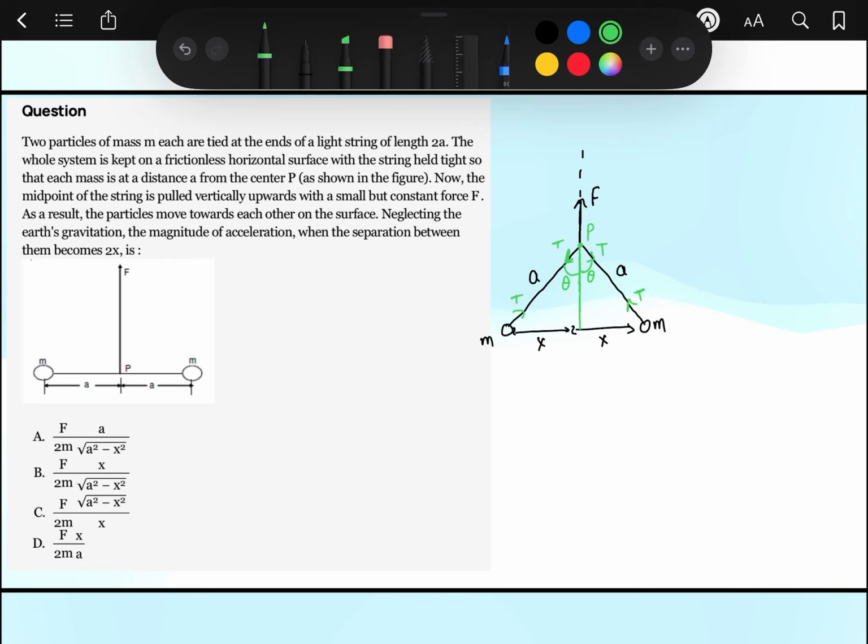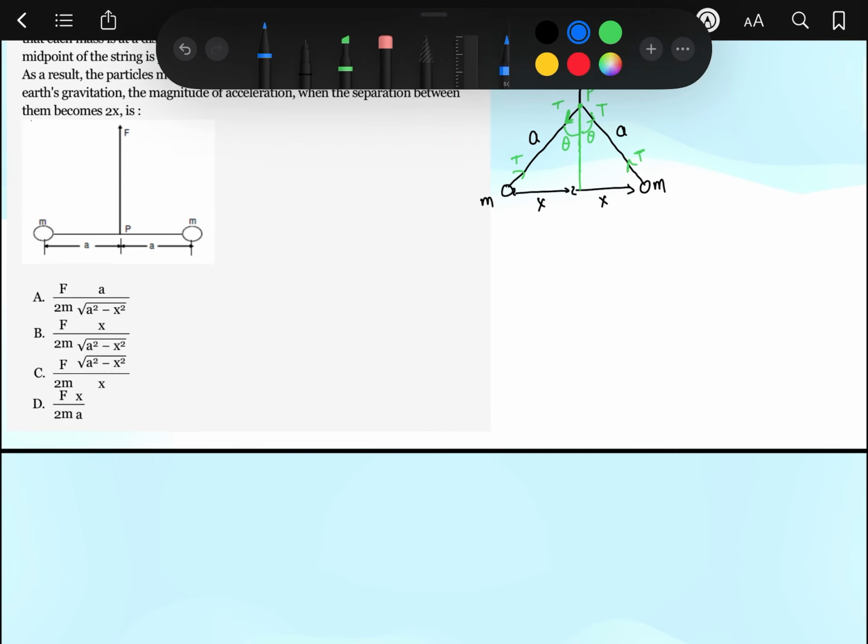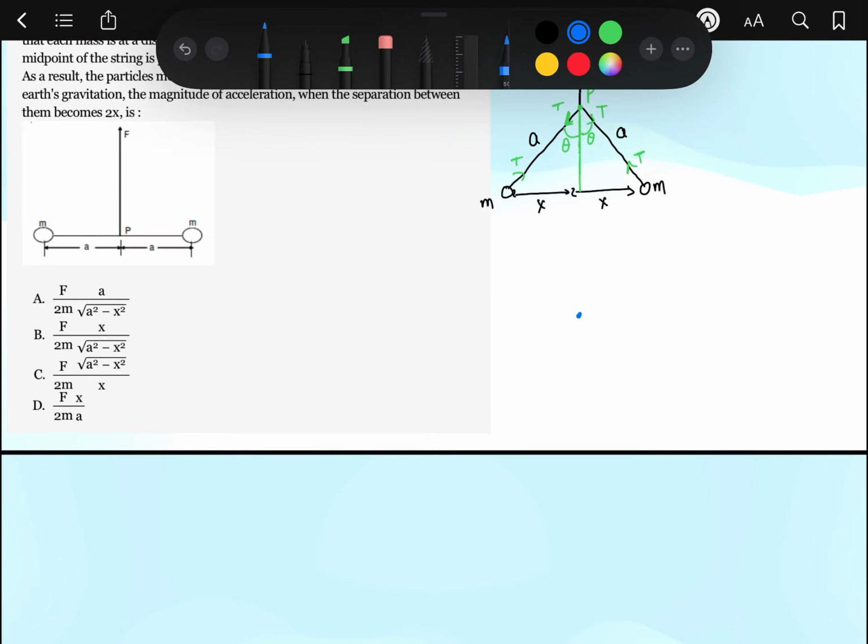If I draw the free body diagram of this point P, force is acting on it.